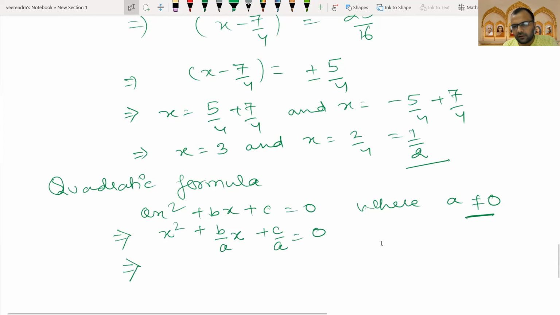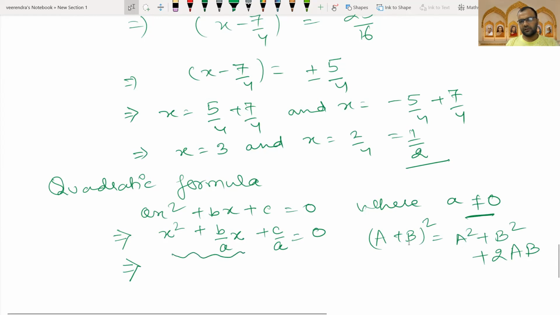We have already studied the formula for (a + b) whole square, which is a² + b² + 2ab. So using this formula, if we make it a perfect square, of these two terms, here a is x and 2ab is equal to (b/a)x.